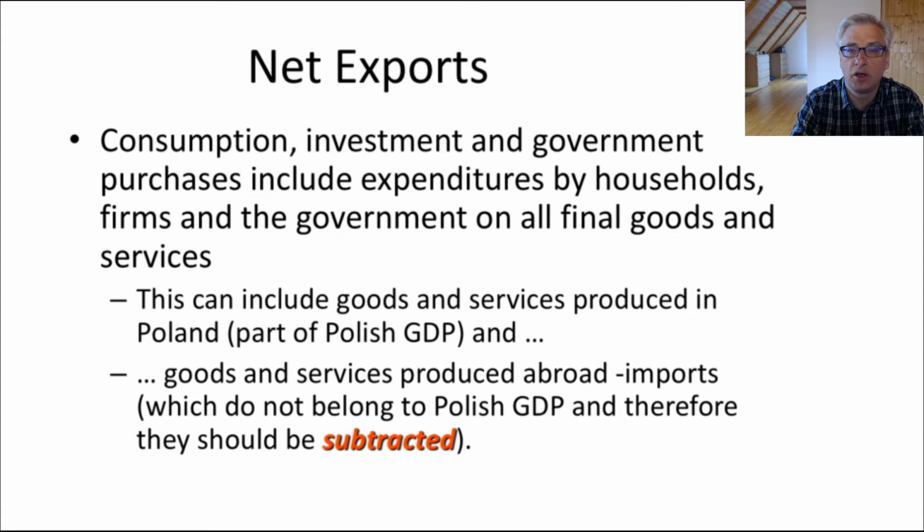Therefore, we add an additional element to our expenditure approach, which is imports with a negative sign. So the last component of GDP in expenditure approach is net exports, which means we add all the exported things, but we subtract all the imported things. Now you can understand why net exports can be negative.